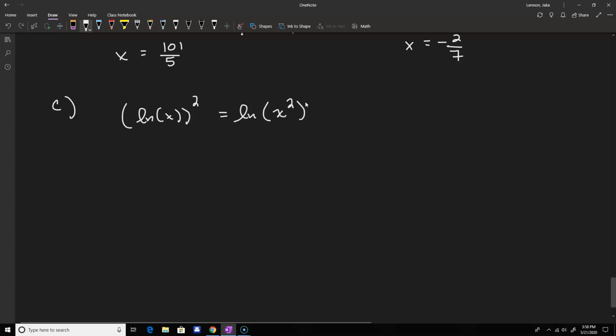Well, which side can you use logarithmic property number 3 on? You can use that on the right-hand side to bring the 2 outside. The left-hand side, you can't really do that on, though, so the left-hand side we just have to leave as is. And on the right, we can bring that 2 out in front, by log property number 3.